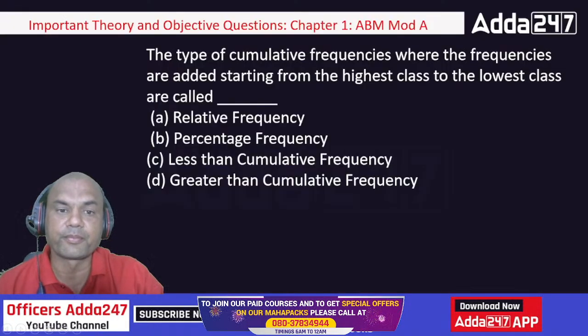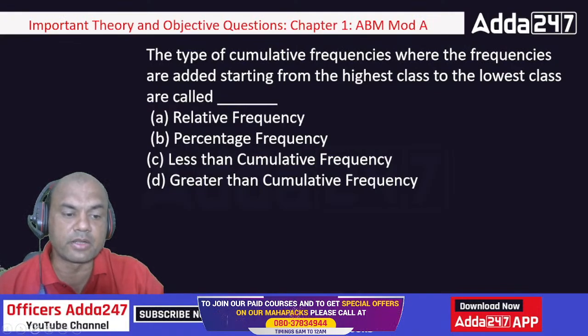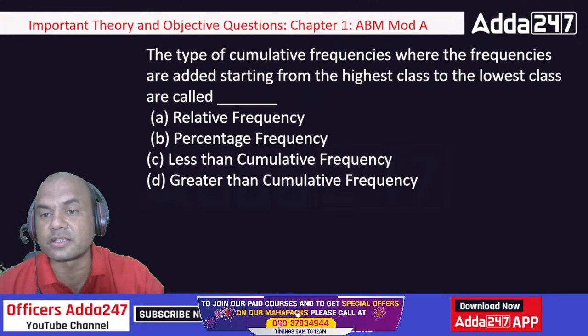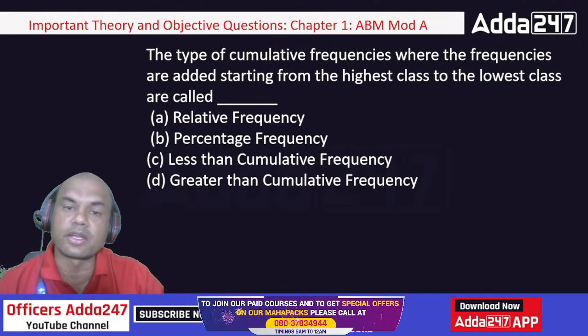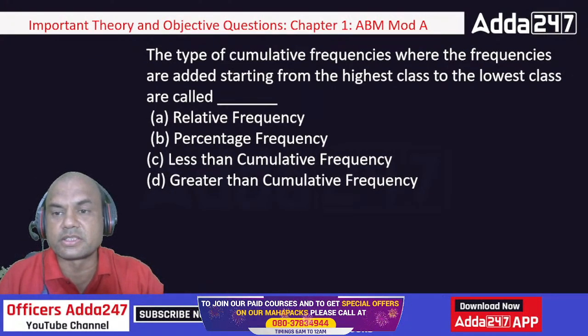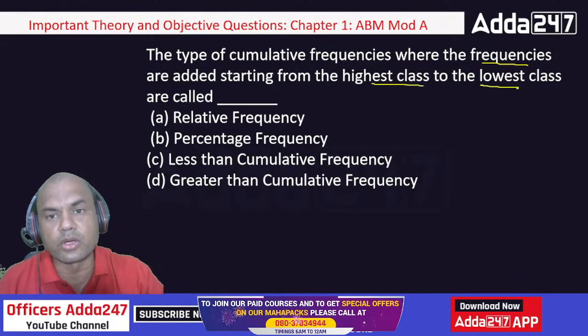The type of cumulative frequency where the frequencies are added starting from the highest class to the lowest class is called as. Now understand one thing. Whenever I am having frequencies from highest to lowest, then there are two types basically.